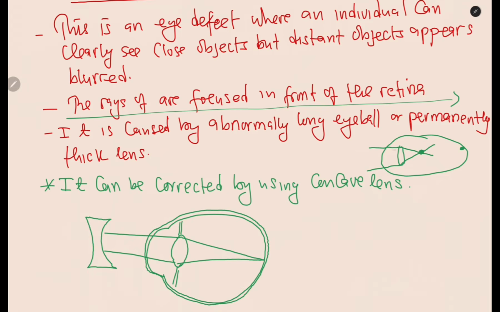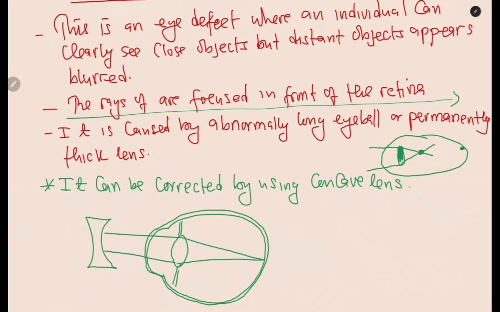So what happened is that the lens here is permanently thick. Okay, so it has a high refractive power. As a result, the rays of light are refracted more, and this causes them to meet in front here.